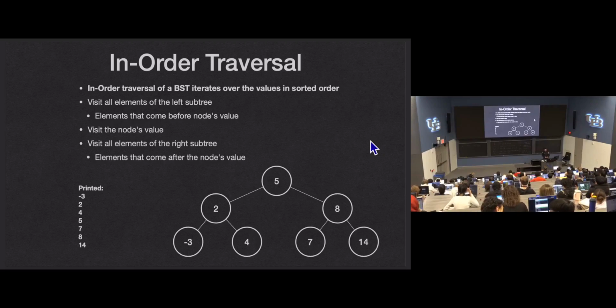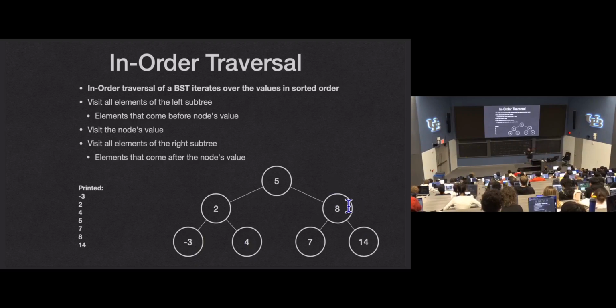So if we think of our property of a BST, where everything to the left is less than, everything to the right is greater than, well, an in-order traversal says, go mess around in the entire left subtree, then this node, then the entire right subtree. So what an in-order traversal on a BST is doing is visiting everything that's less than or comes before the node's value, then the node's value, then everything that comes after that node's value. And that's recursing through every node in the tree, and the property holds for every node in the tree.